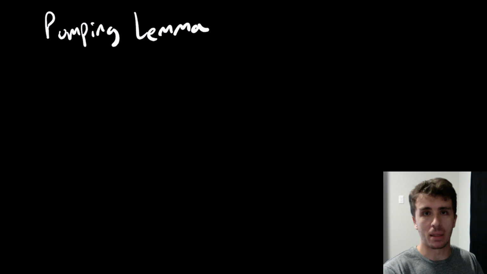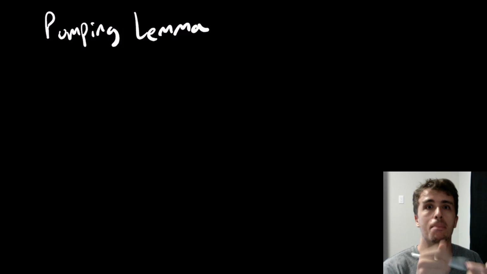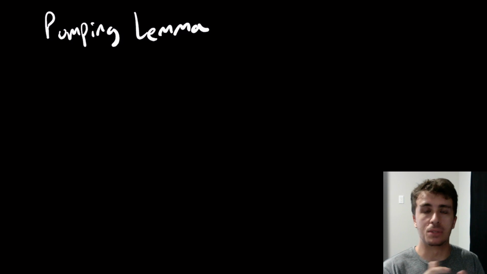It has a pumping length, such that if you have a string in the language and the length of that string is at least that constant, then we can assert that there are multiple properties of that string such that we can pump it numerous times. There are three pieces, X, Y, and Z, and we can put extra copies of the middle piece and we still get a string in the language.